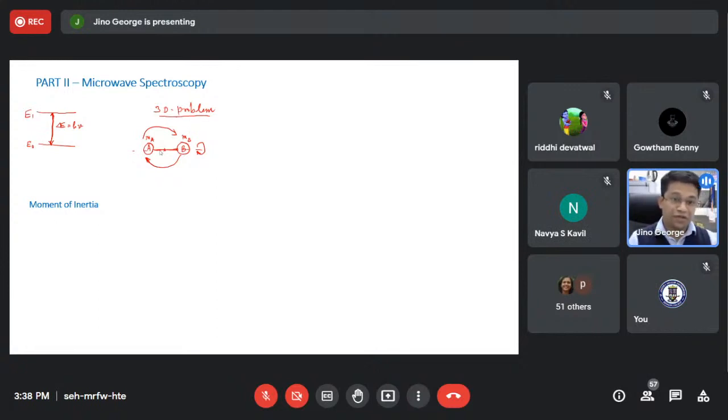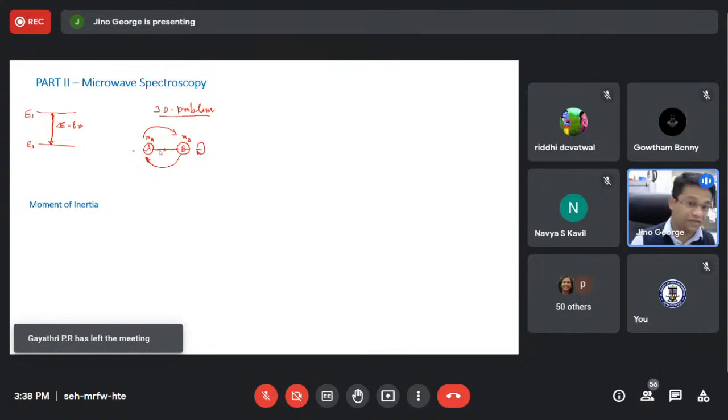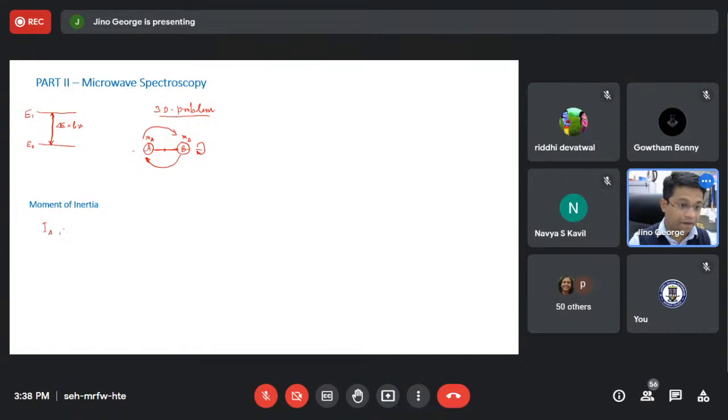Another option is with respect to the plane, perpendicular to that, my A is coming towards me and B is going away from me and then rotating. These are the three possibilities, right? These are called principal axes, or principal moments of inertia. So any body, any molecule will have these three, which we call IA, IB, and IC.